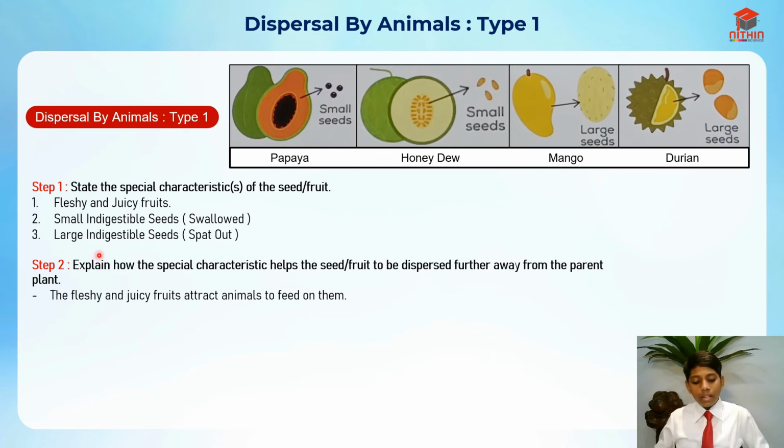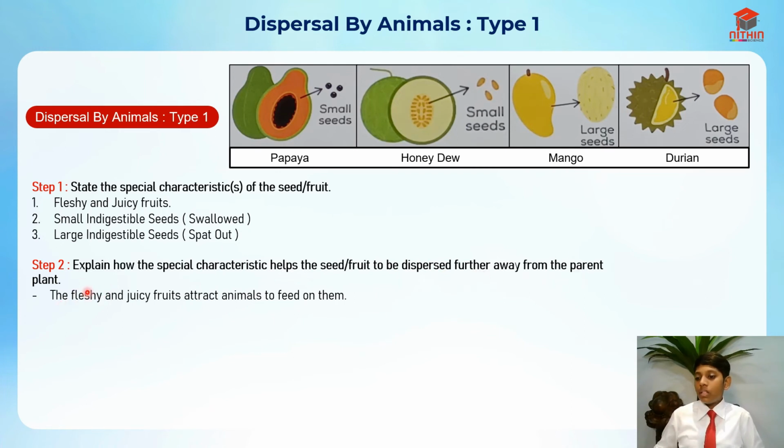Large seeds will be spat out or thrown away, and this will also be seed dispersal. And for step 2, you have to explain how the special characteristics help the seed or fruit to be dispersed further away from the parent plant.